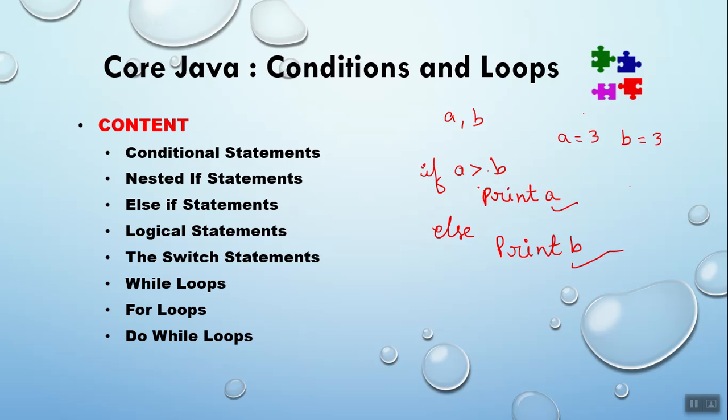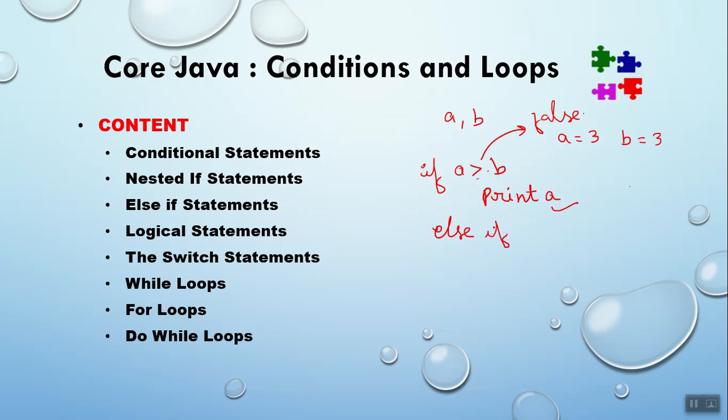So what would happen? In that case, this condition is going to be false. That's why I'm demonstrating this, you have to understand it. So it is going to print B, since A is not greater than B. And so we can use another statement here, this way.